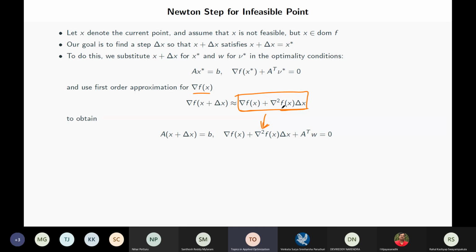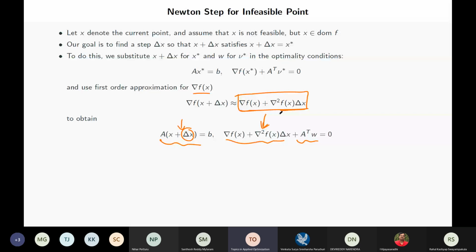Assuming the second order approximation, if I have that, then this will be there plus the equality constraint. And then I have A(x plus delta x) equal to b. So that's the equality constraint that I must satisfy anyway. Whatever x I'm choosing, that must satisfy this.